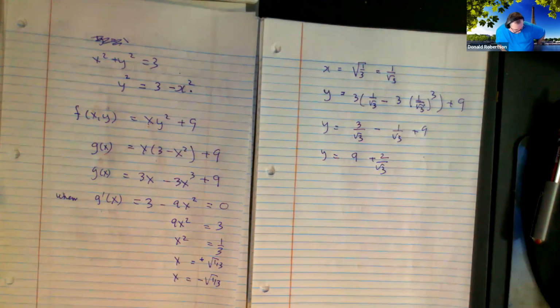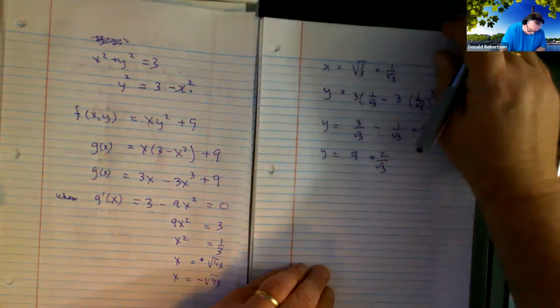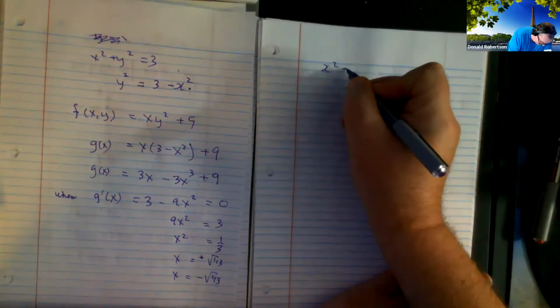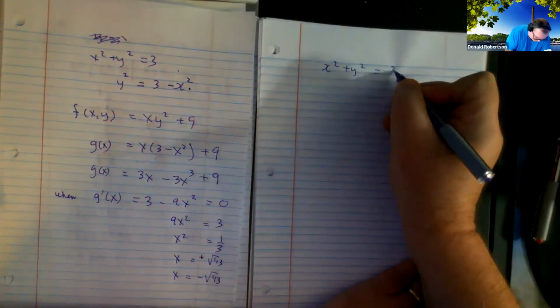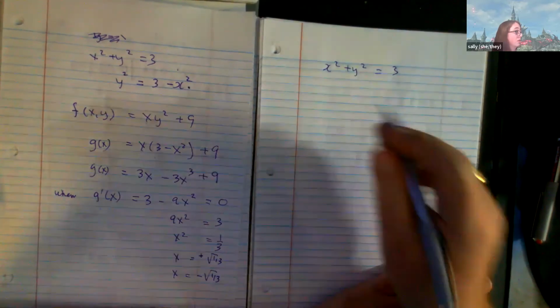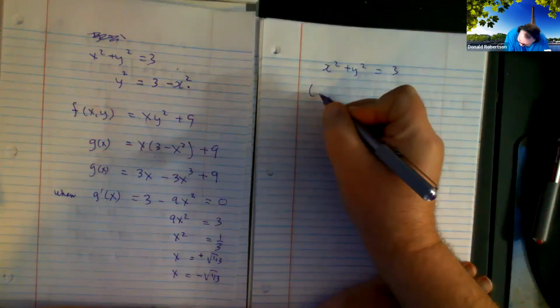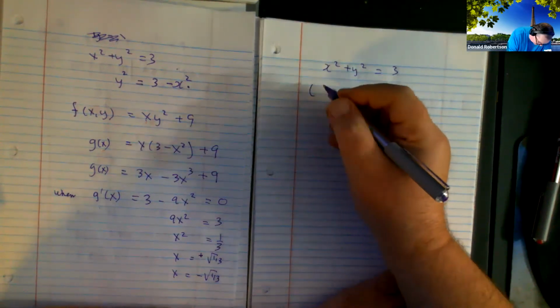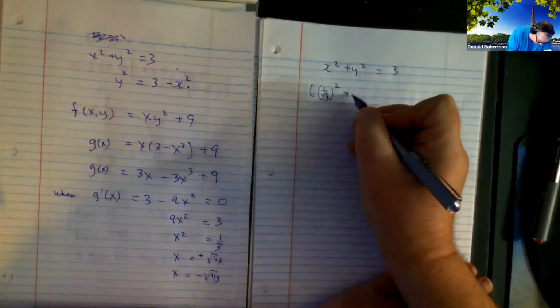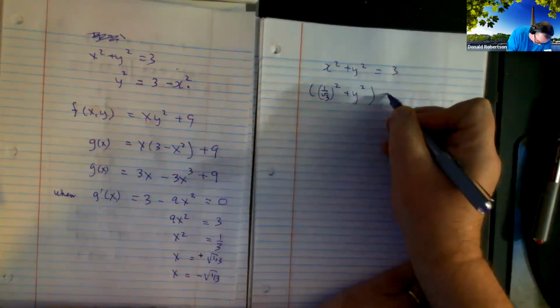Because I used the wrong function, didn't I? Let's fix it. Oh, wait. That's the one I should have used, isn't it? And so we have an x value of 1 over root 3 squared plus y squared equals 3.